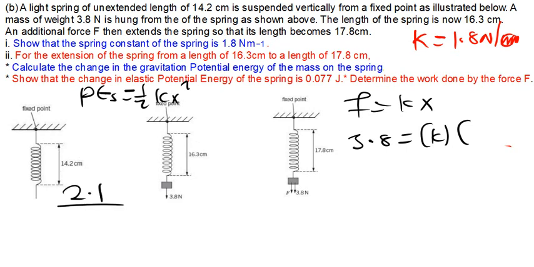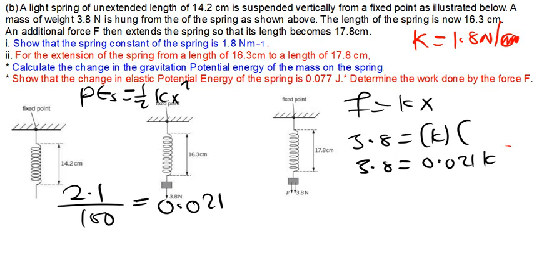So 2.1 divided by 100 is 0.021. So I'll say 3.8 is equal to 0.021 k. I divide both sides by 0.021. These two will cancel. So I'm going to have my k equal to 3.8 divided by 0.021.